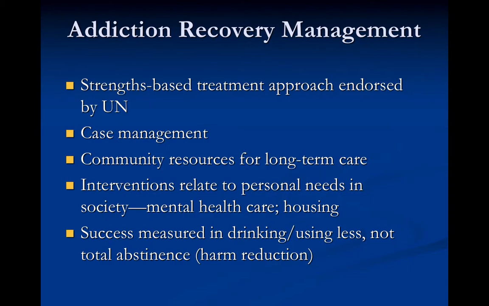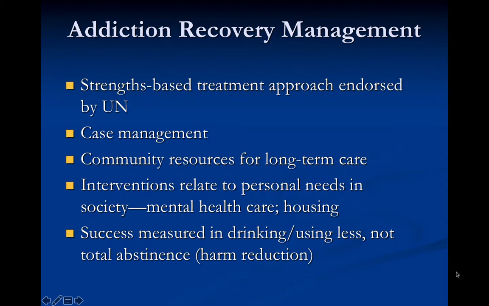Okay. All right. We need community resources for long-term care and interventions that relate to personal needs. So mental health care, housing, parenting classes, pro bono legal services if necessary. Right? Okay. So think about wraparound services.